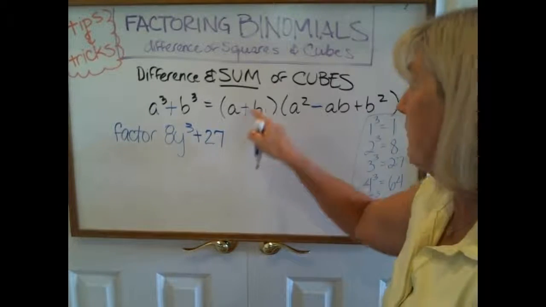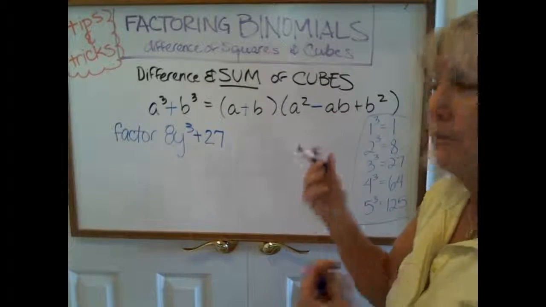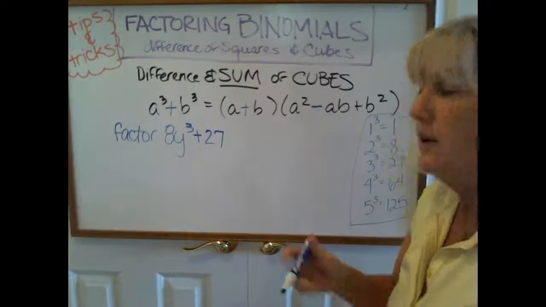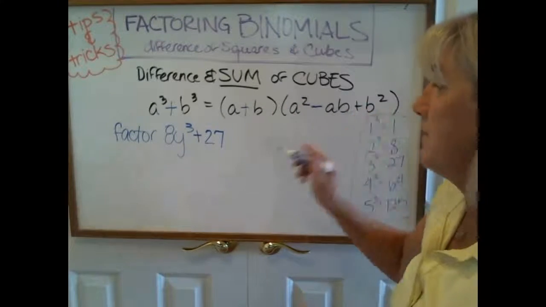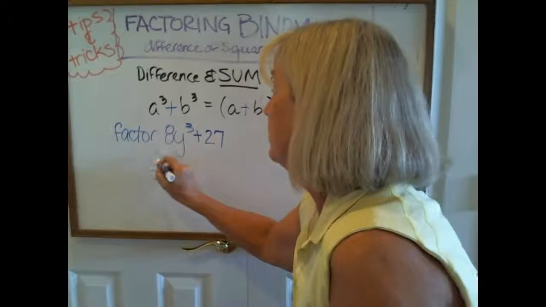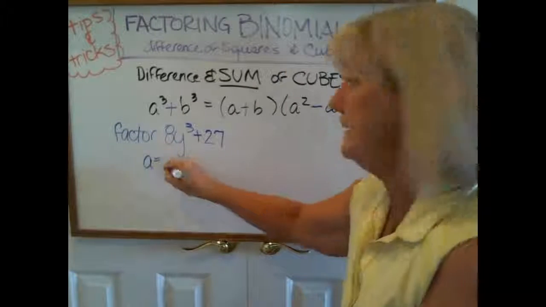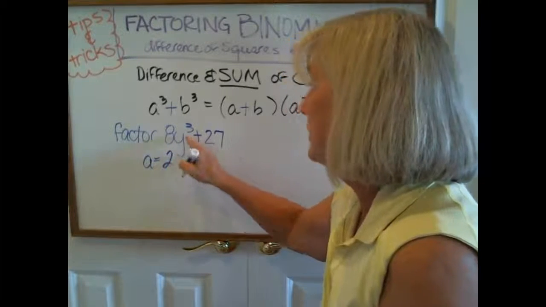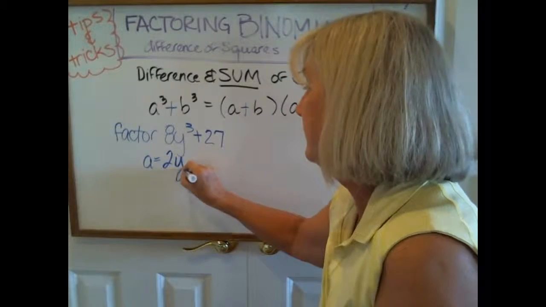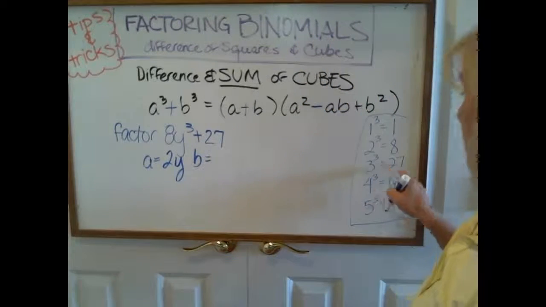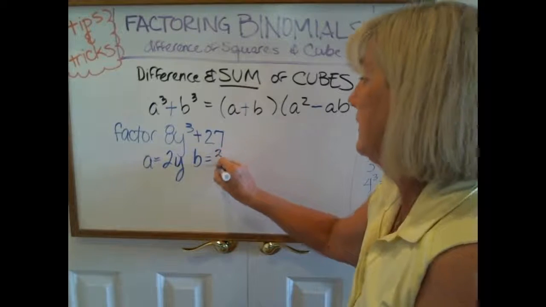This is a more complicated formula than difference of squares. So I would write it down, and I would especially write down what a and b equal. So a, in this case, the cube root of 8 is 2, and the cube root of y cubed is y, and b would equal the cube root of 27, which is 3.